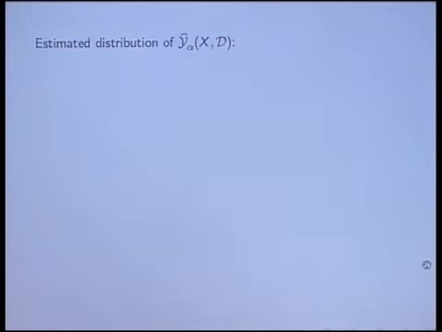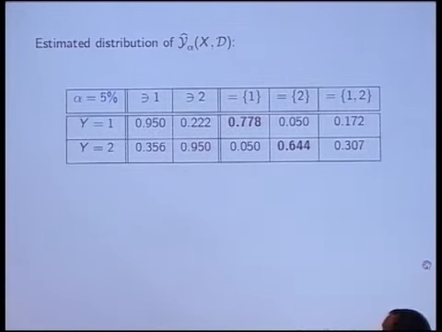And here's the estimated distribution of my prediction region. First of all, with which probability does it contain the class 1 if y is in fact equal to 1? That was in 95% of all cases, and with 22% probability it contains also 2.